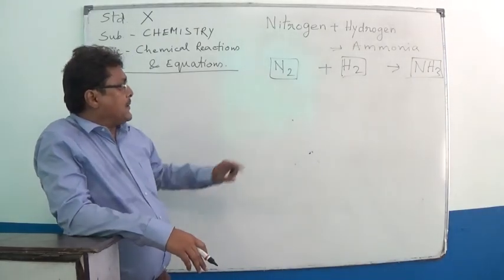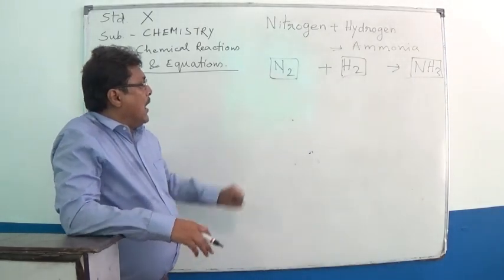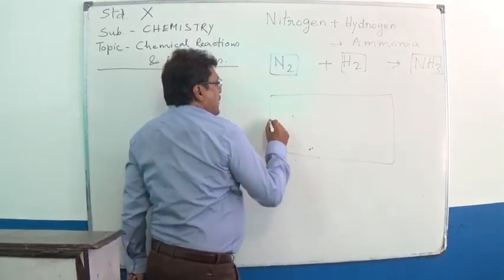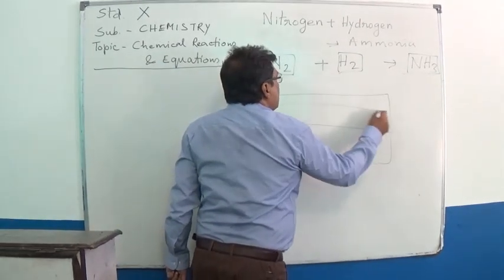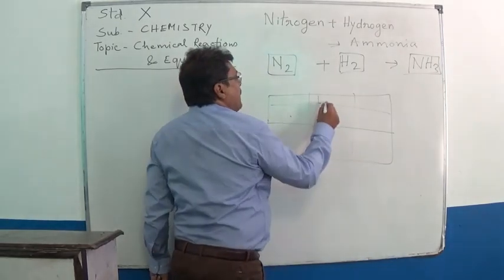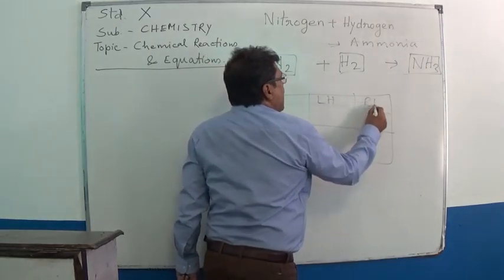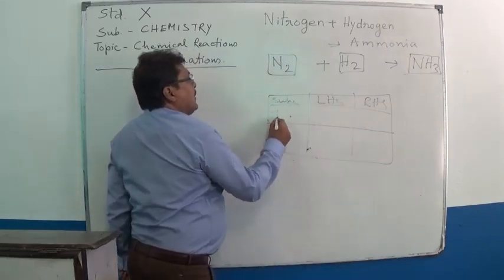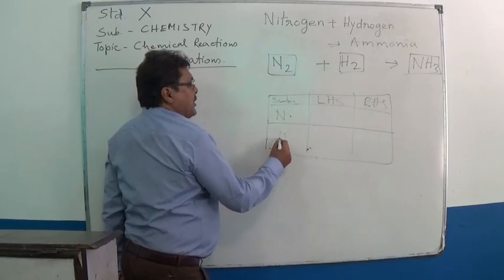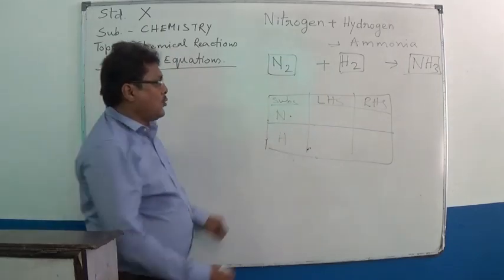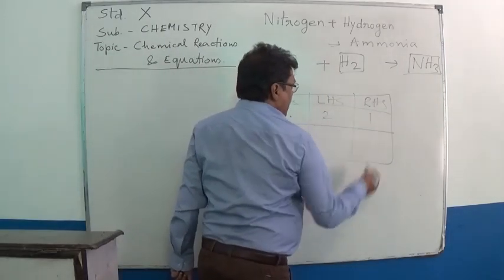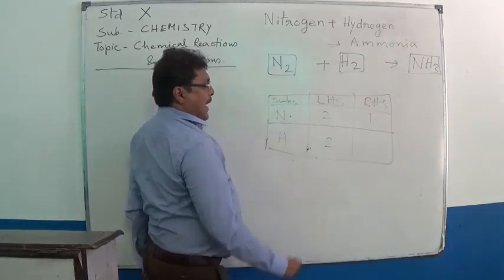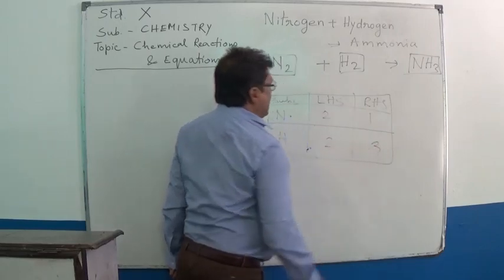So now, as a table, we have left hand side, right hand side, substances. There are only 2 substances, nitrogen and hydrogen. Nitrogen 2 on this side, 1 on this side. Hydrogen 2 on this side and 3 on that side.